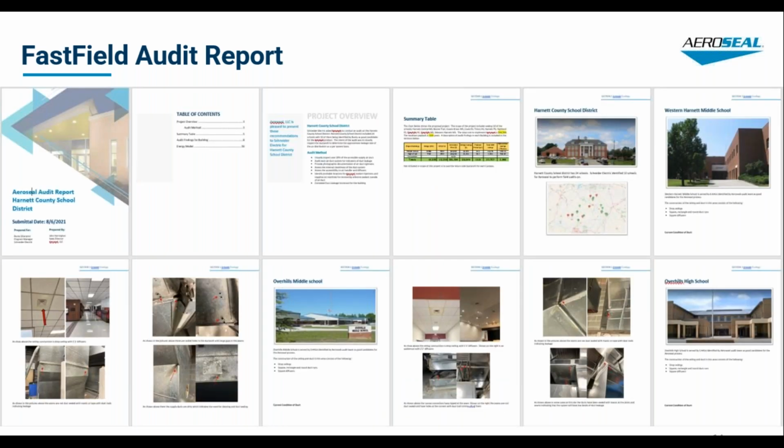So these are some pages out of our formal audit report, and we have our energy cost and payback on one of those pages. We have the building photo, the location. We have some photos of the ceiling type, the diffuser type, and then we also will show the leakage that was found on site.